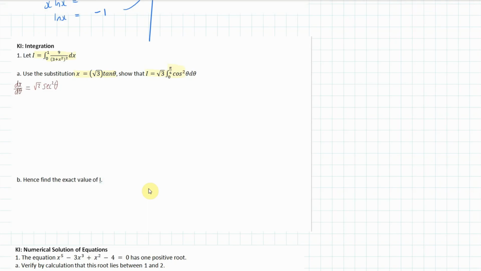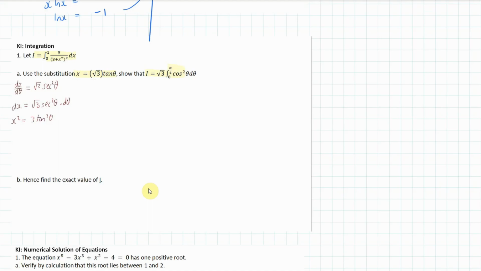And then we can say that dx is equal to square root 3 sec squared theta d theta. Now, the other thing we can do is x squared equals 3 tan squared theta, because I've just squared this information here.